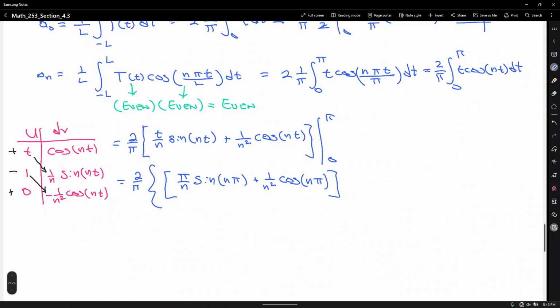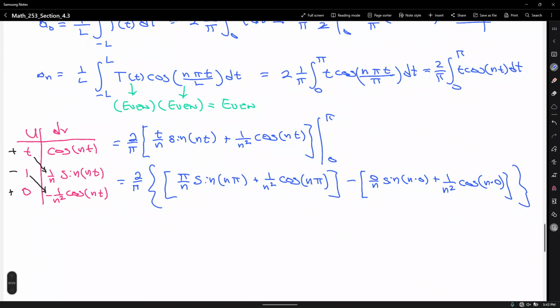So that's the evaluation of the upper limit. The evaluation of the lower limit will be minus 0 over n sine n times 0 plus 1 over n squared cosine of n times 0. Okay, so that's the end of the evaluation.